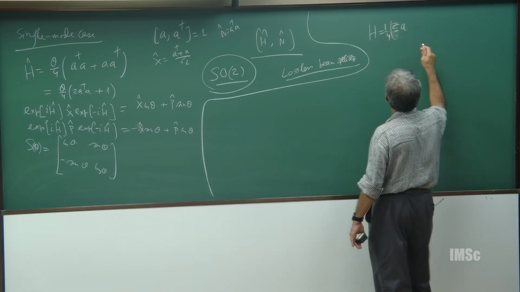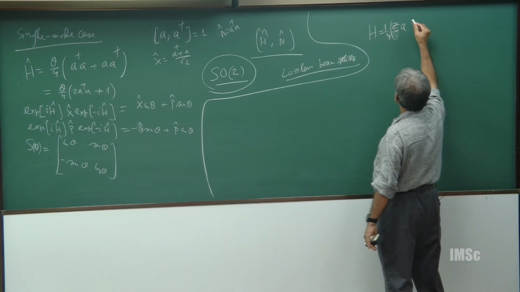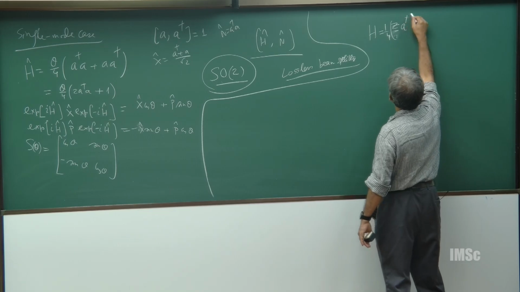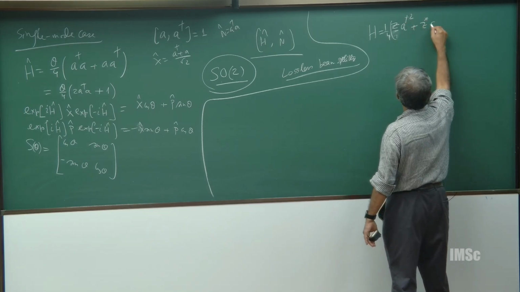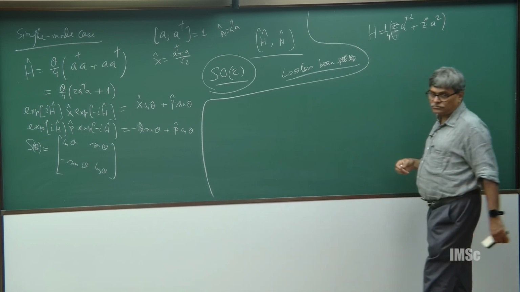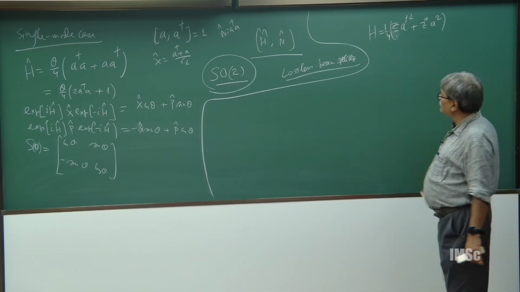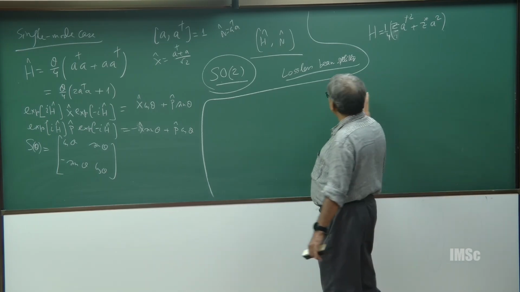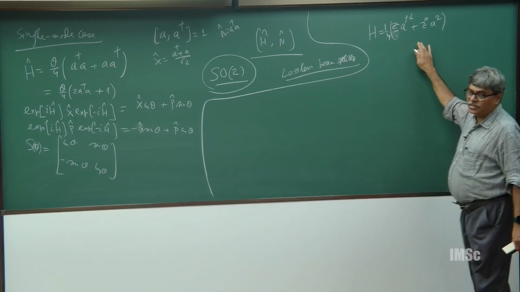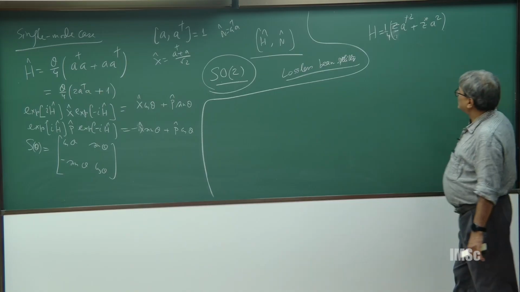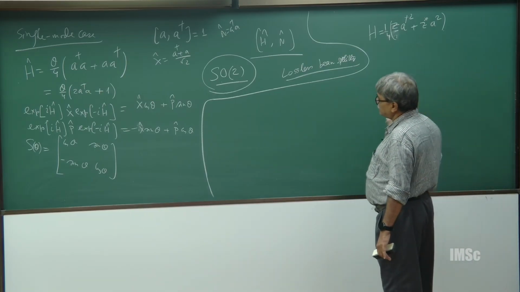This is, let us say, A dagger square plus z star A square. I mean, z is in general complex, but you can take it to be real also. So, you agree that this is a Hamiltonian, right. z is a complex number.